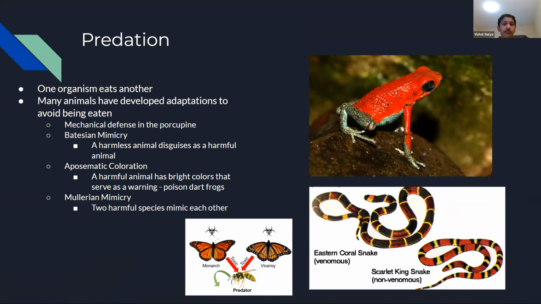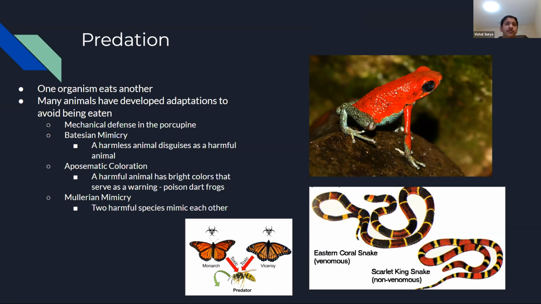You have a porcupine, very spiky, so organisms won't tend to eat it because it's spiky. Then you have other things such as chemical defenses, which aren't on the slide. A chemical defense would be like a skunk spraying, which is a pretty bad smell, so organisms would be less likely to eat it. Then there's mimicry. The three, Batesian, aposematic, and Mullerian mimicry, are very important to know for the USABO test if you're planning on doing biology Olympiad.